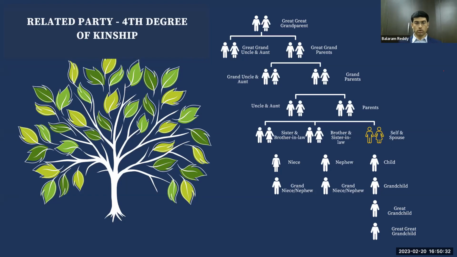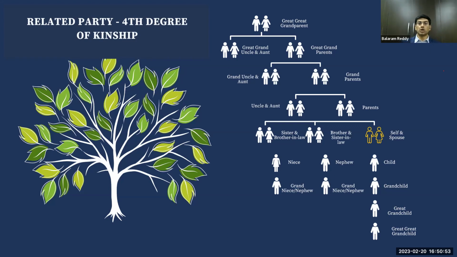Fourth-degree kinship is what is mentioned for the connected persons definition. So your parents, grandparents, great-grandparents, and great-great-grandparents, all these will become related parties for you. So is the case with your children, grandchildren, great-grandchildren, and great-great-grandchildren.